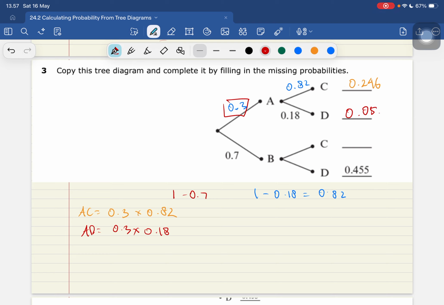How about BC and BD? To get BD, this is 0.7 multiplied by what number? This equals 0.455. So here we can divide to get this number.